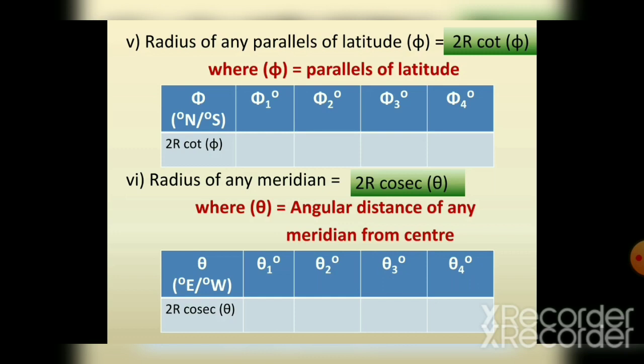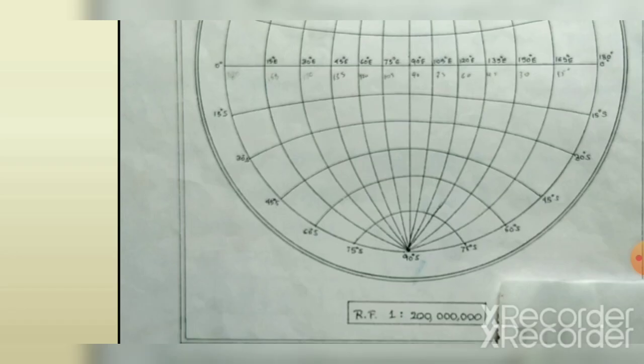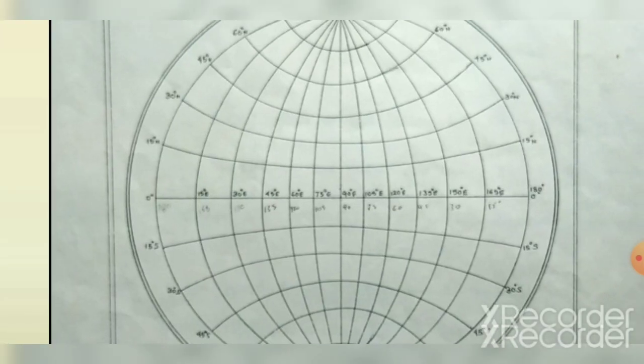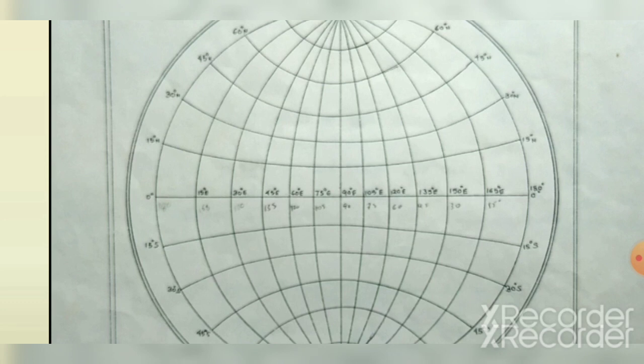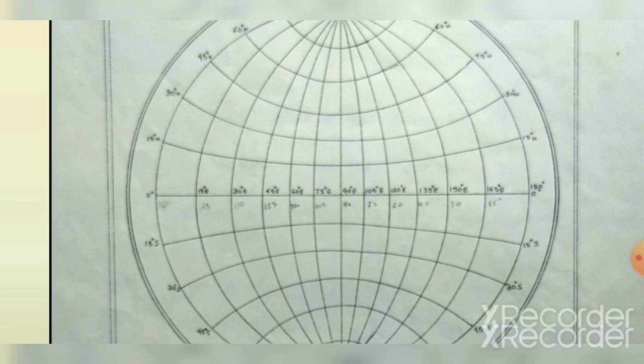That means if the central meridian is 90 degree, just look at this figure here. If the central meridian is 90 degree east, here the interval is 15 degree, so just beside 90 degree east, in the eastern part there is 105 degree east, and the west part it is 75 degree east. So for 15 degree theta value, both the meridians 75 degree east and 105 degree east will be true.